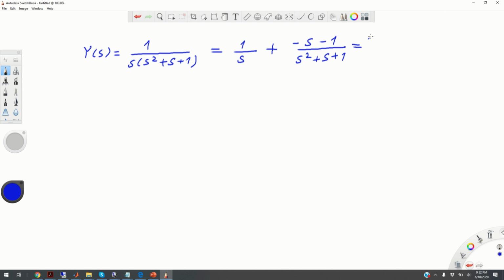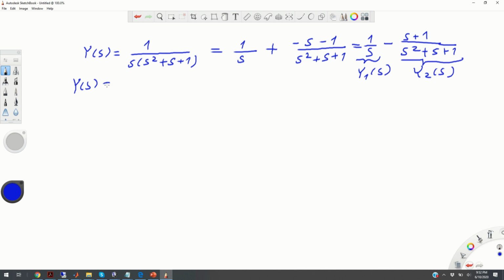So let us write this as follows. Let's call this term Y1 of s, and let's call this term Y2 of s. So Y of s is equal to Y1 of s plus Y2 of s.